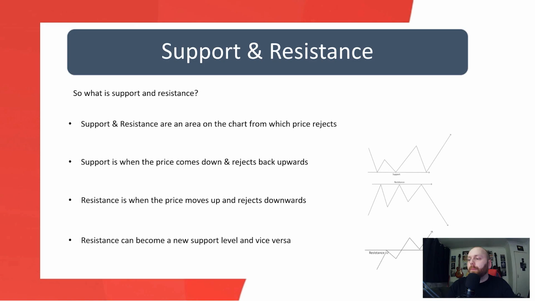The price has moved up and it's rejected back down, so we know this is resistance. Then the price decides to move back up, but it's broken this resistance. We've had a breakout, confirming the bullish trend. When the price moves back down and it comes to this area where the resistance was last seen, it finds support and moves on upwards. So resistance can become support.